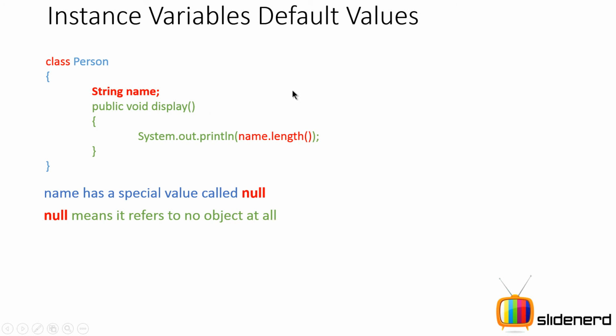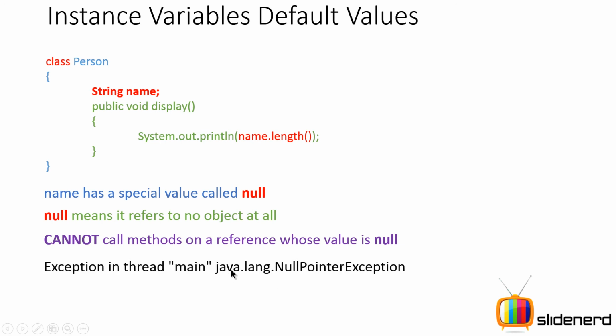It means it's not pointing anywhere. So you cannot call methods on a reference variable whose value is null. If you have anything over here and that is null, you cannot call a method like name.length on that variable. It's gonna give an error, java.lang.NullPointerException, which, if you ask me, is the worst exception a programmer faces all the time when programming with Java.